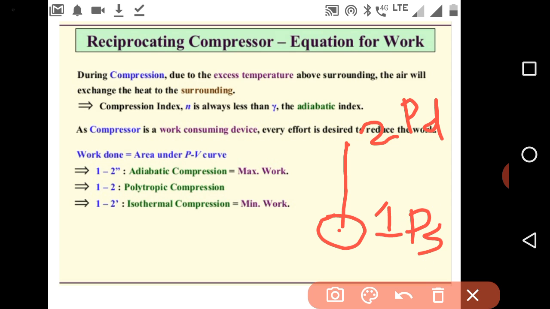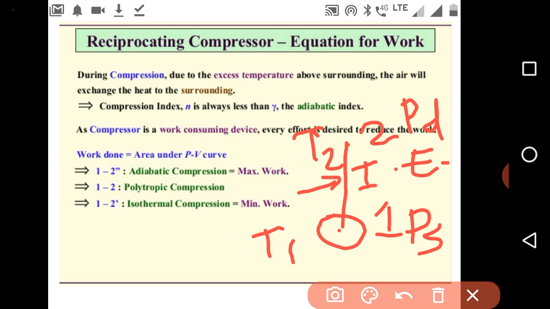Now practically, if we are compressing to the discharge pressure, obviously there will be an increase in internal energy. As the internal energy is increasing, and we know that internal energy is a function of temperature, obviously T1 and T2 will not be equal.